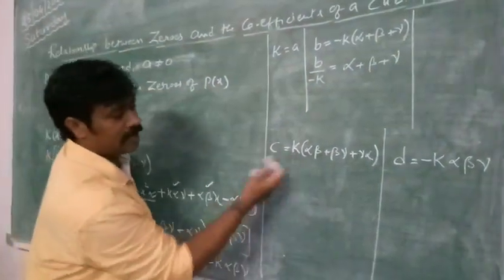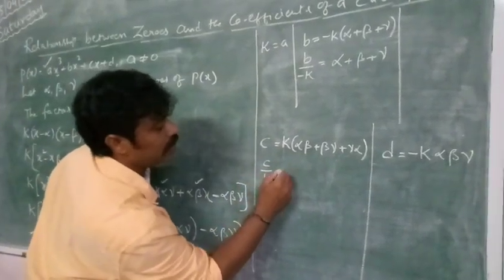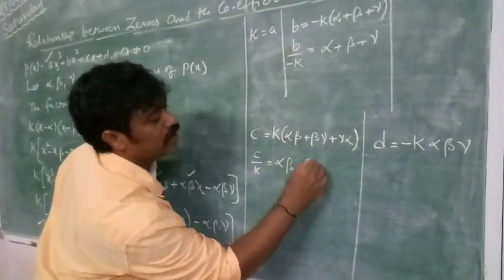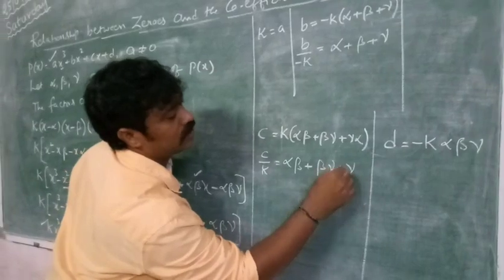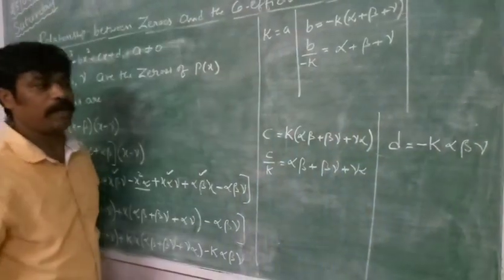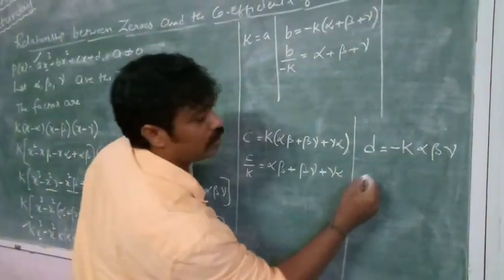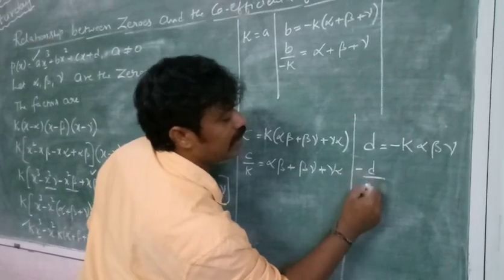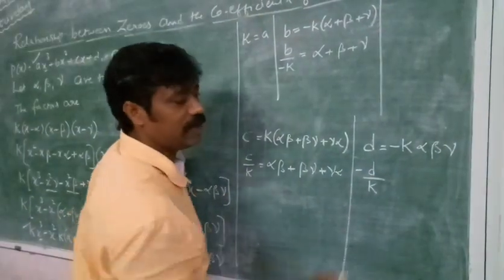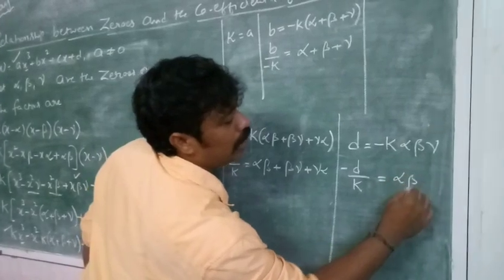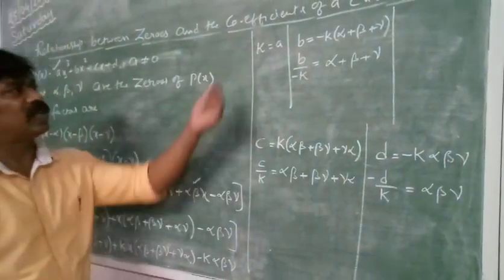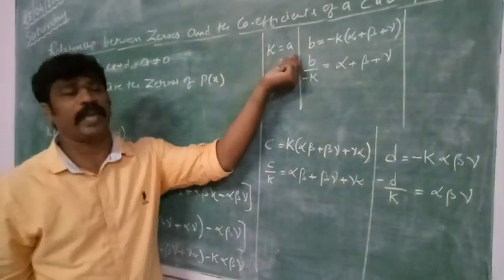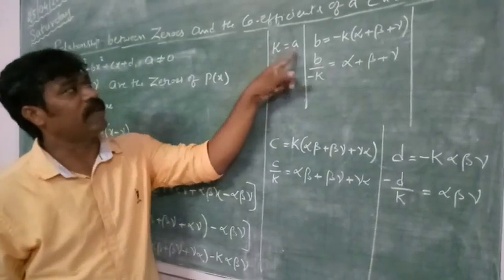Similarly, for this one, if you bring k to the left side, then c by k is equal to alpha beta plus beta gamma plus gamma alpha. For this one, if you bring k to the left side, then d by minus k, or minus d by k, is equal to alpha beta gamma. And also, here we got k is equal to a. So both are equal, and in place of k, we can write a.